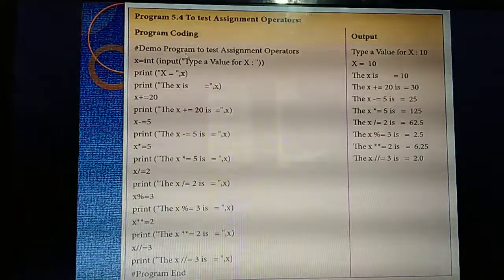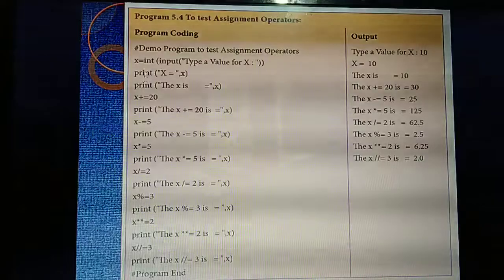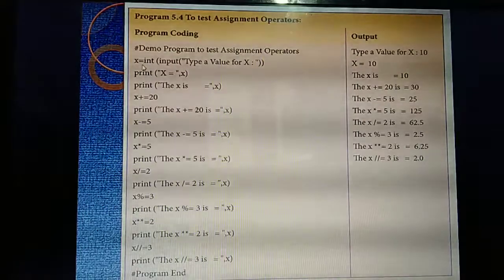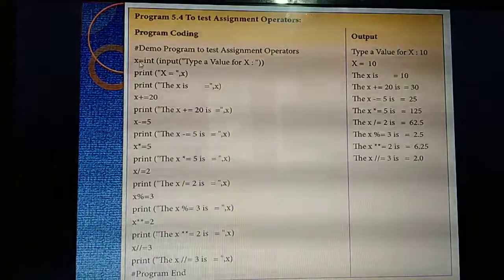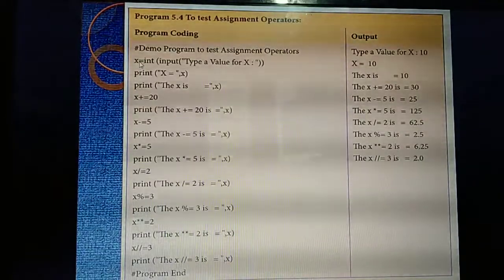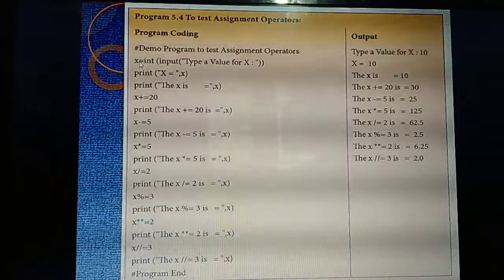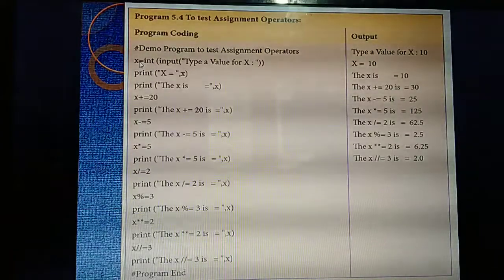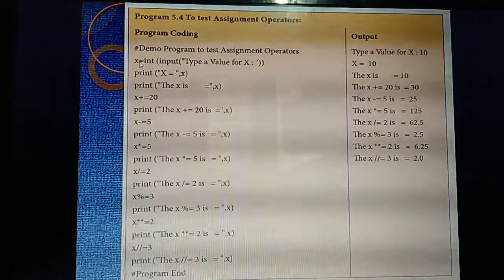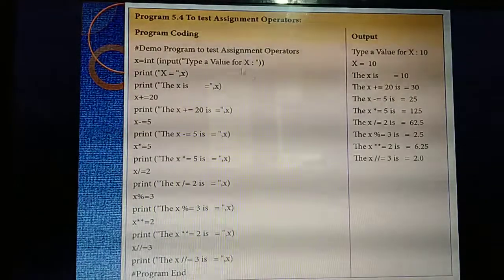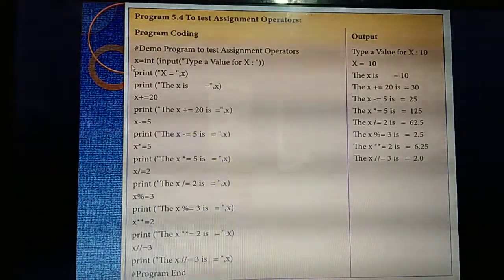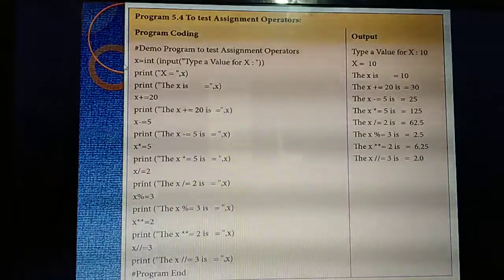Next step: I am going to assign the capital letter X to small letter x. Relate each and every program and study, then you will understand. First step you need to give input, any one variable. Next you need to assign this variable to the input variable: capital X equal to small x.